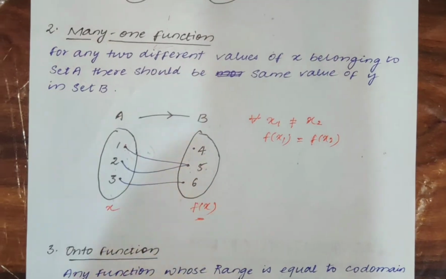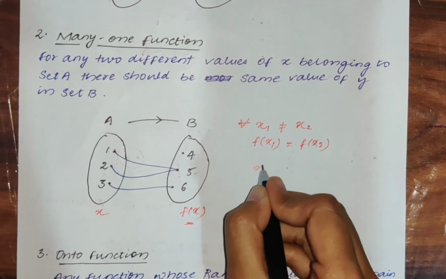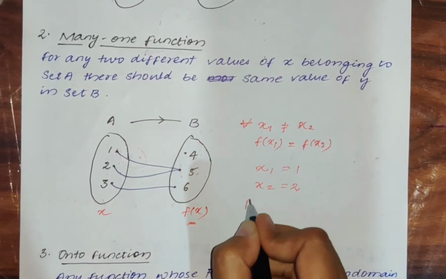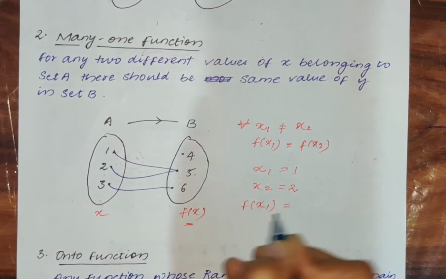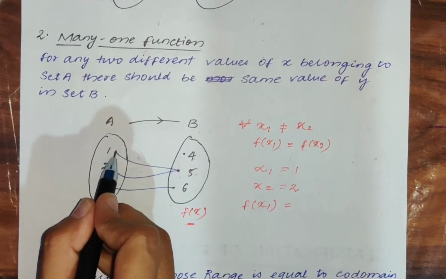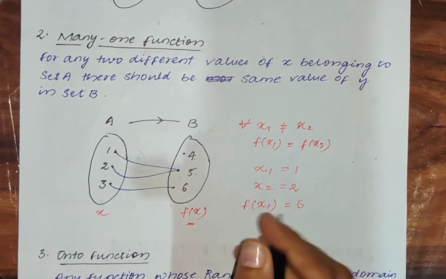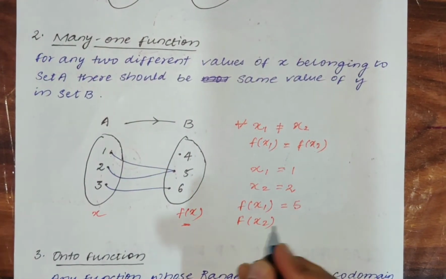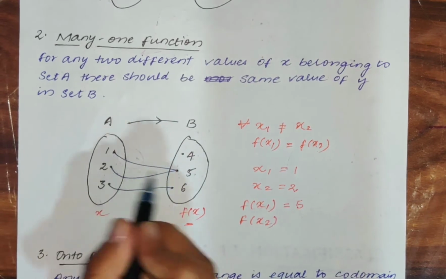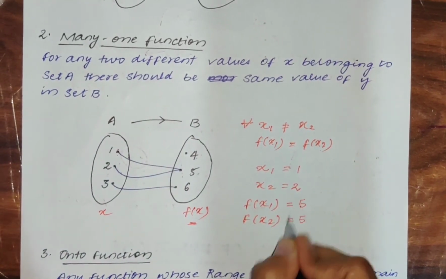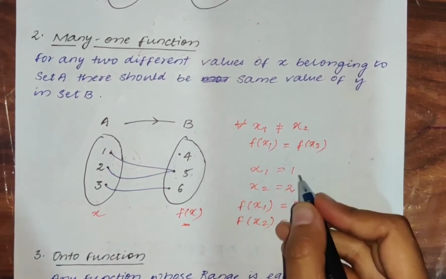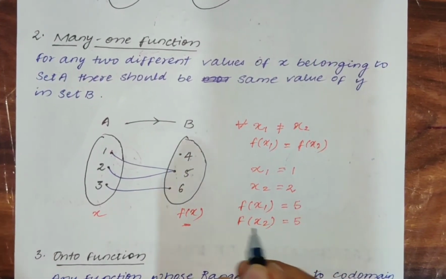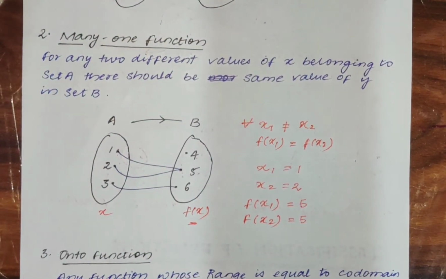Let's say x1 is equal to 1 and x2 equals 2. What is f of x1? f of 1 is mapped to 5. And f of x2, that is f of 2, is mapped to 5 again. So these two are equal. That means 1 and 2 are mapped with 5 itself. Therefore, such a function is known as many-1 function.